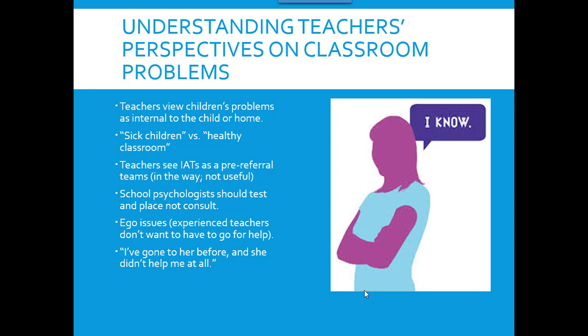So they'll say their classroom is fine, it's the child that has the problem. A lot of times, teachers don't really see these IATs, I've been calling them SSTs, as a method of getting support to change the system. They just see them as a method of checking a box so the child can be referred to find out if they have a disability or not.